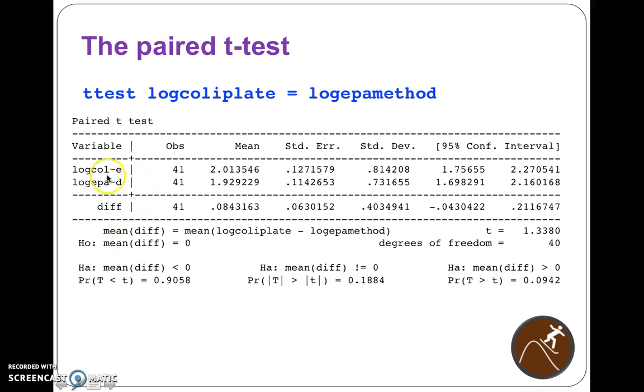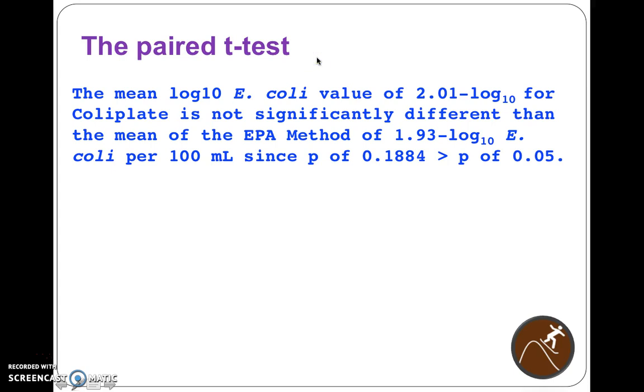So no difference between the log Kohli plate method and the log EPA method according to the paired t-test. So in writing, just so you've got it, the mean value of 2.01 log from the Kohli plate is not significantly different than the mean of the EPA method of 1.93 log, since P of 0.1884 is greater than P of 0.05.